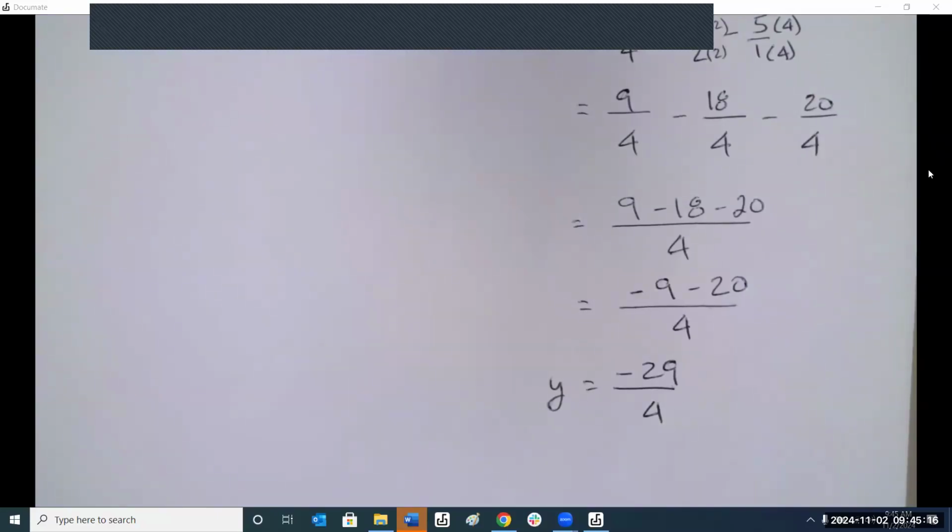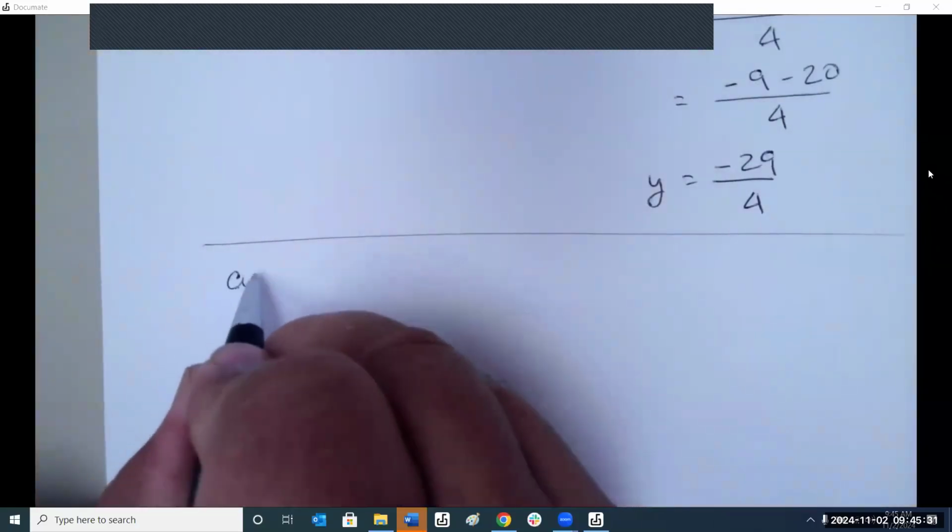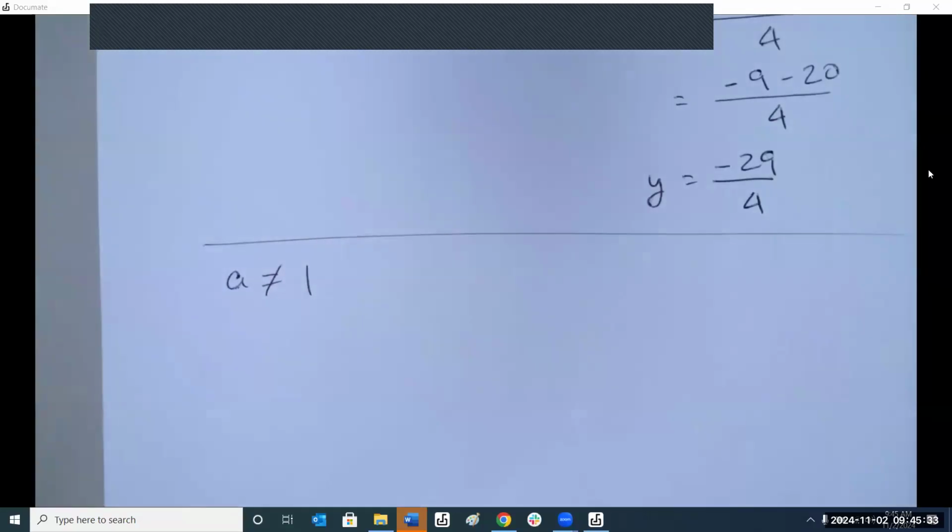Now there comes a problem. We've practiced factoring already, but everything we've practiced so far always had a equals 1. What if a does not equal 1?